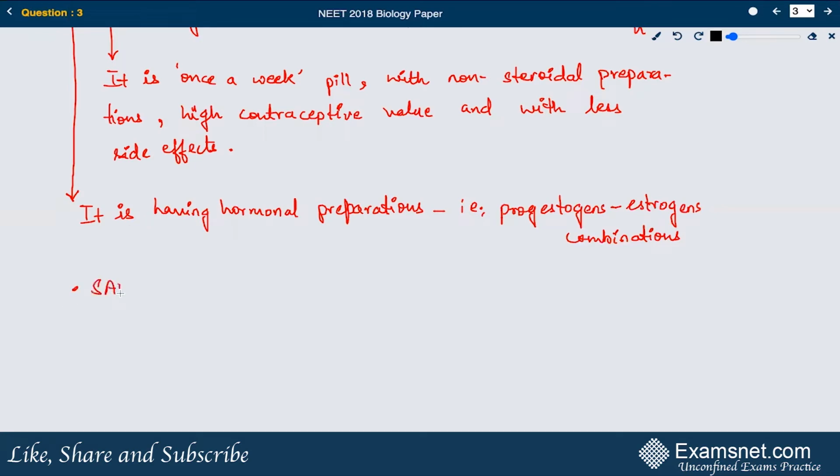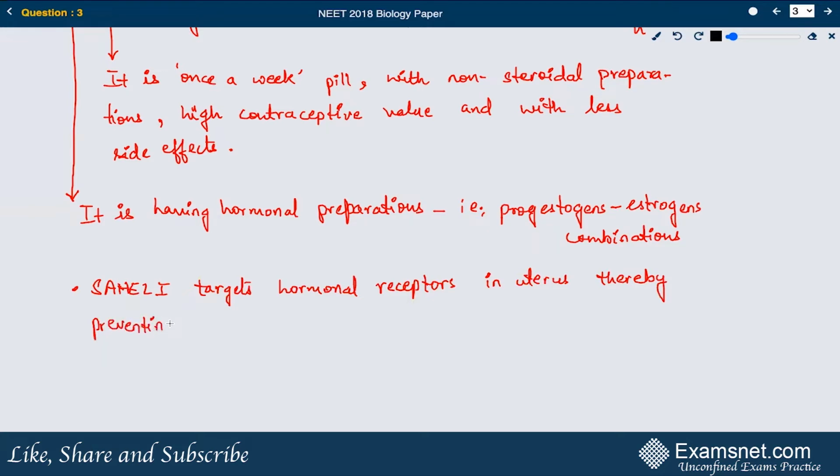So we can say that Saheli targets hormonal receptors in the uterus, thereby preventing eggs from getting implanted.